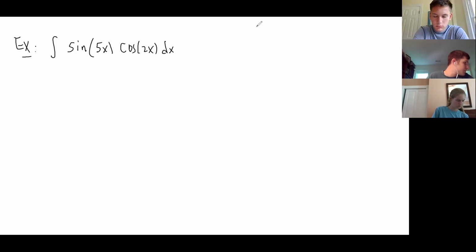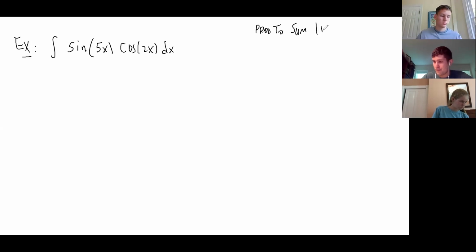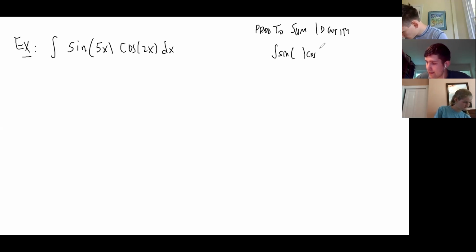Again, it's the product to sum identity. And there's three of them, but they're all pretty similar. But the one for sine of something, cosine of something, I guess I can just get rid of the integral for just a second here.